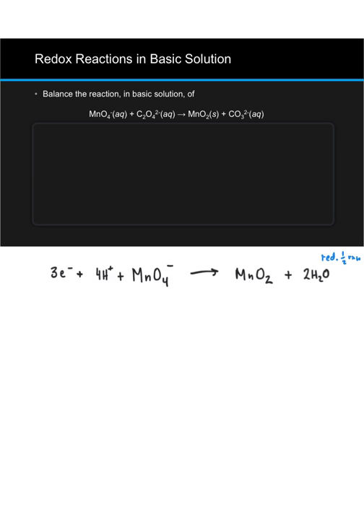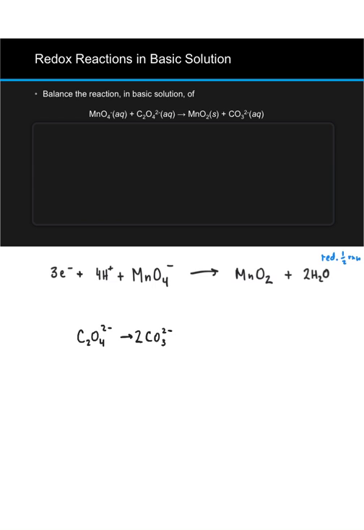We should expect that the next half reaction we write will represent the oxidation half reaction and the production of electrons. In that half reaction, somehow C2O4 2- converts into carbonate, CO3 2-. Balance atoms, then balance charge. We have 2 carbons on the left-hand side. We're going to need 2 carbons on the right-hand side. We have 4 oxygens on the left-hand side.